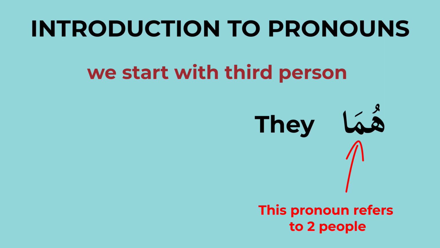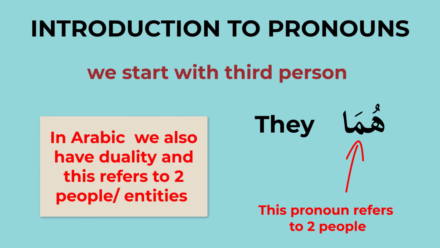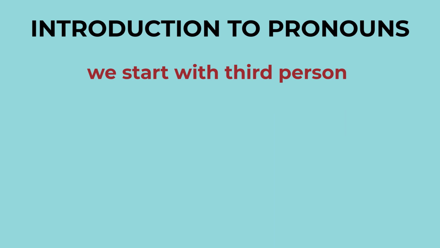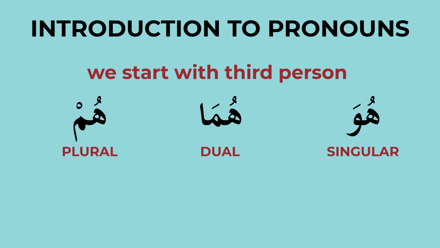Okay? In English, we say he, and then we say they. Even if there are two, you say they. But in Arabic, if there are two, you mean two and not three. If it is less than three, then it is two. And that is dual. Okay? So we have in Arabic language singular, and then dual, and then plural.